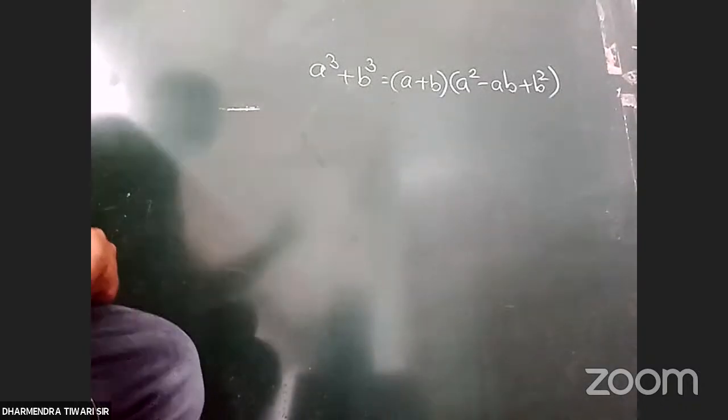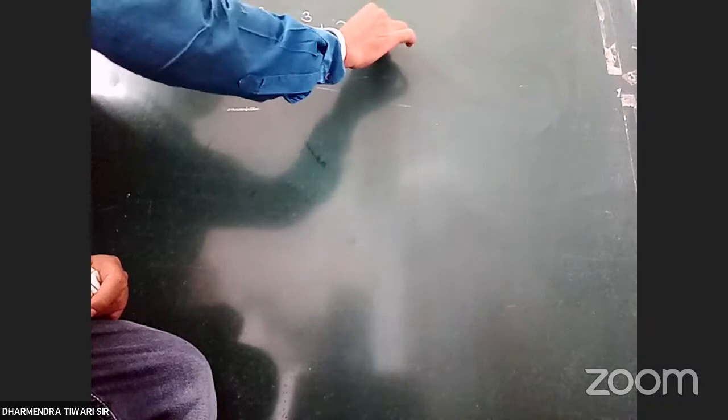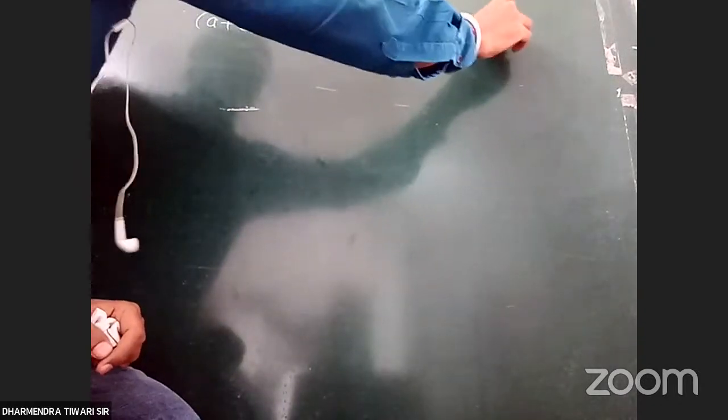I will write the formula here. a plus b the whole cube is a cube plus 3a square b plus 3ab square plus b cube.